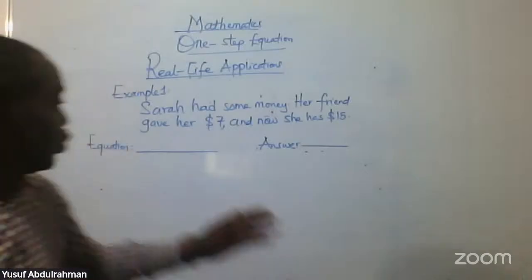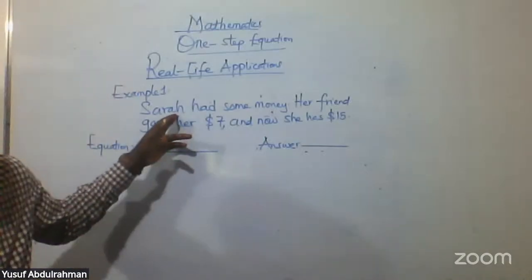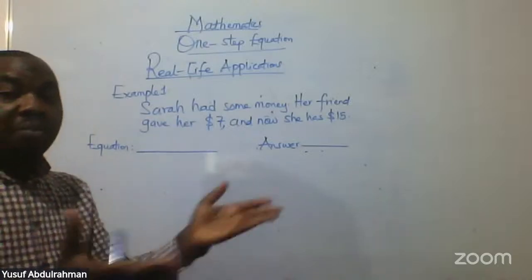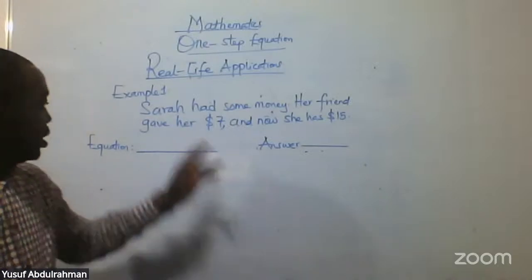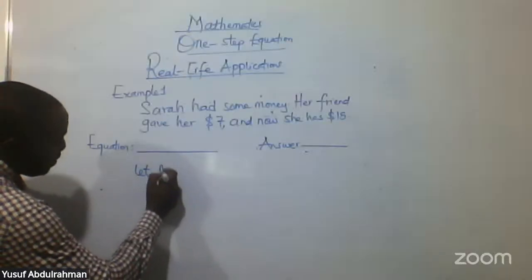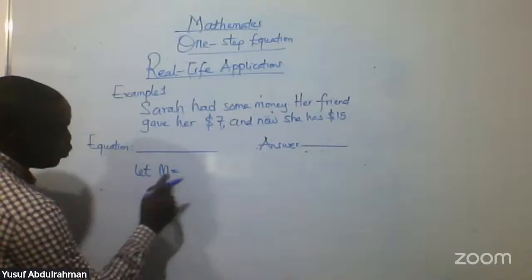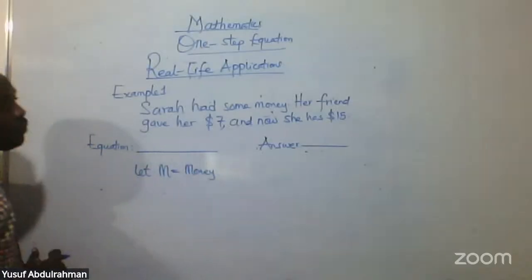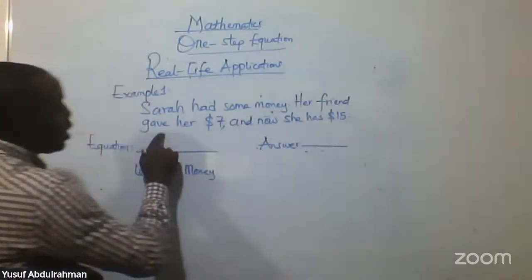So we're going to choose a letter from the alphabet to represent some money. She had some money, which means we don't know how much she had. So we can say let M equal what she has, so some money.